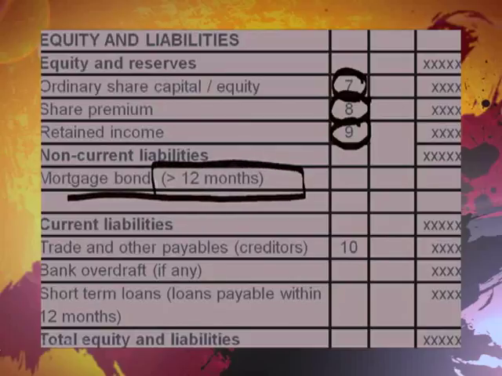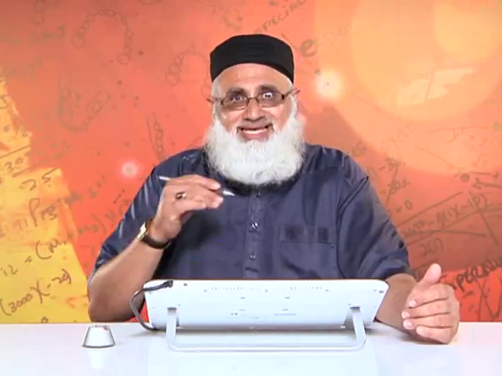Important consideration. Under current liabilities, we have trade and other payables, namely creditors with a note. A bank overdraft, I've alluded to this earlier on, and your short-term loans, namely your loans payable within 12 months. You will see as we go along how we explain each of these items in detail.